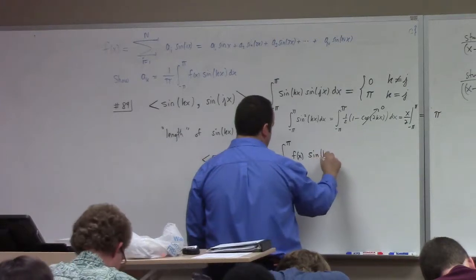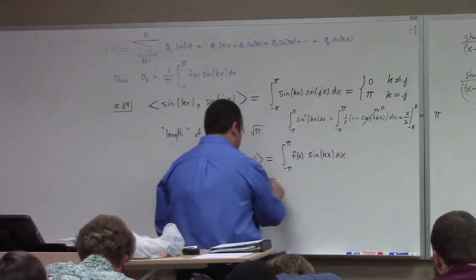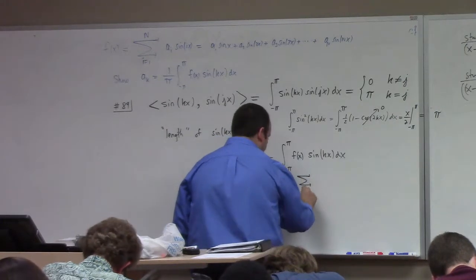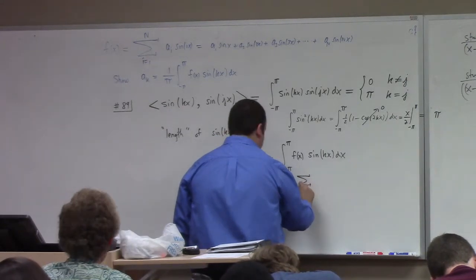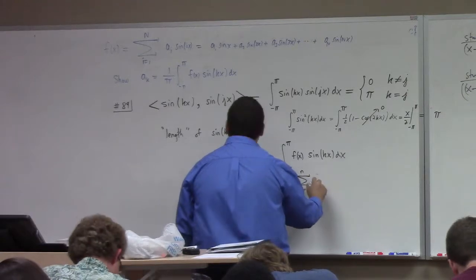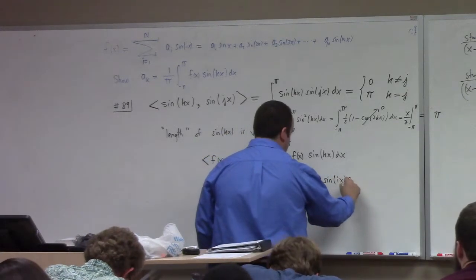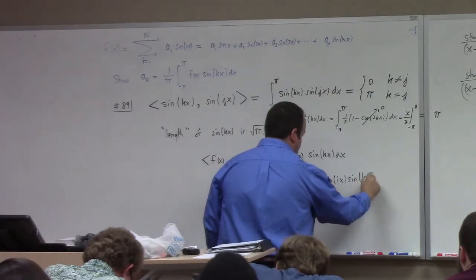But what is f of x? We're given that that is the sum, i equals 1 to n of a sub i sine of ix sine of kx dx.